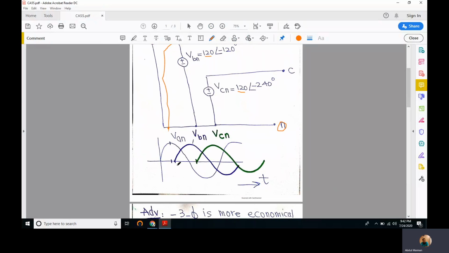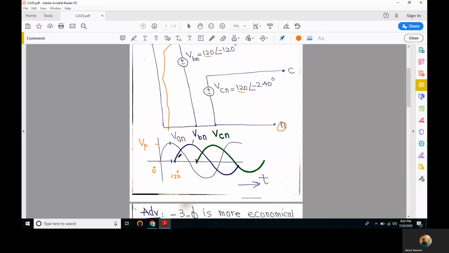Right, graphically, they can be represented as follows. VAN reaches a maximum voltage, the same max voltage, VP. If VAN is drawn with this dark blue or purple color, we have VBN drawn. VAN started from 0 degrees, so VBN starts after 120 degrees.